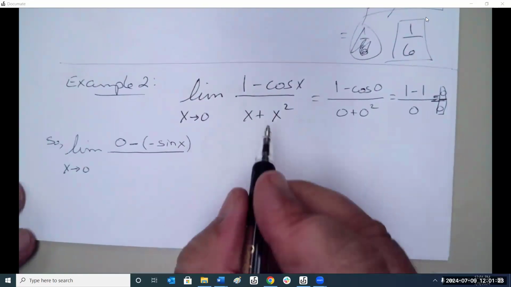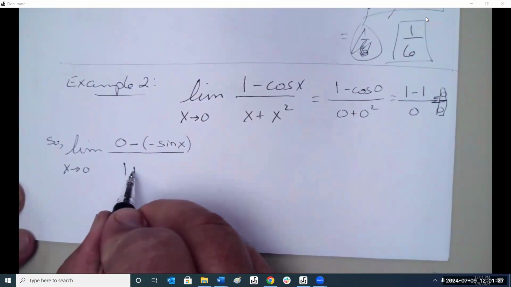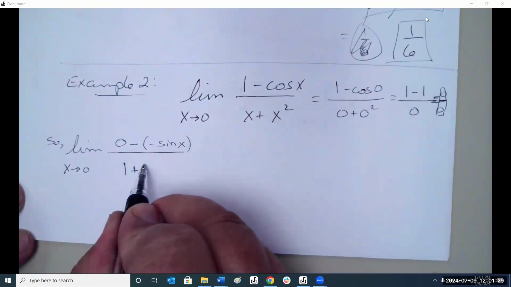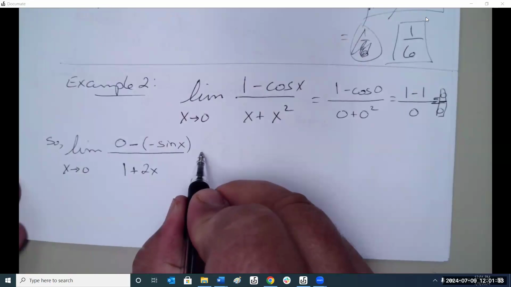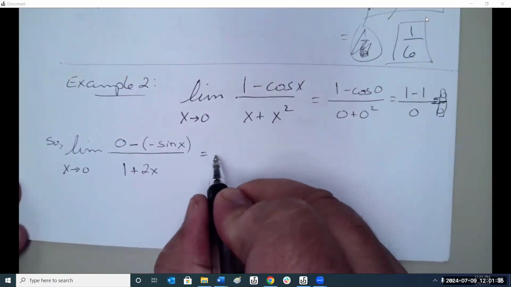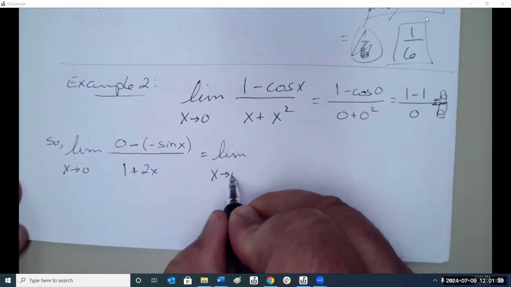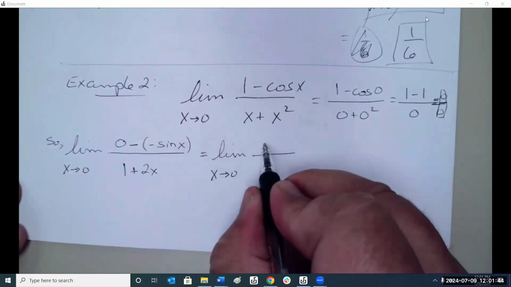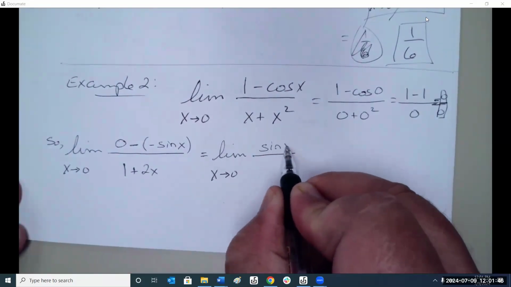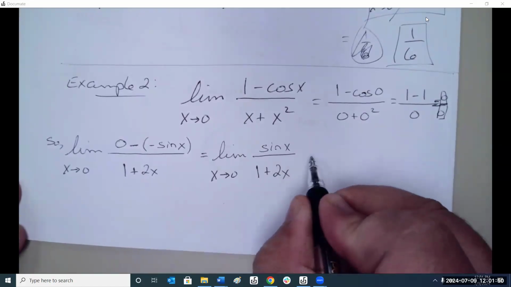Very good. Derivative of x is 1. Derivative of x squared is 2x. Which gives us, negative and negative is positive, so it's sine x over 1 plus 2x.